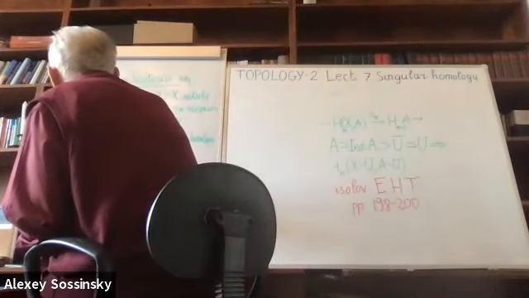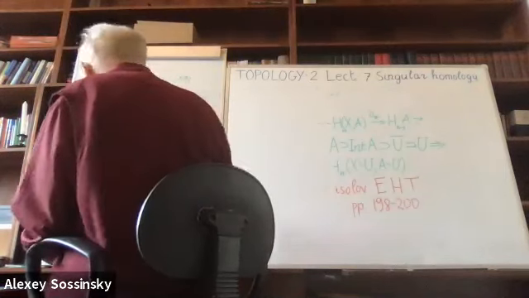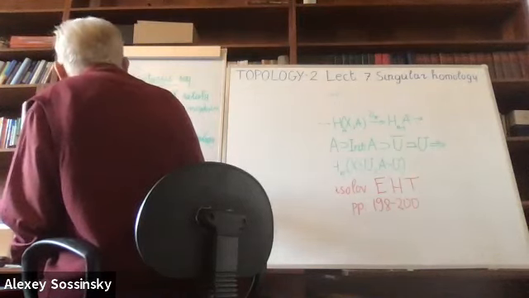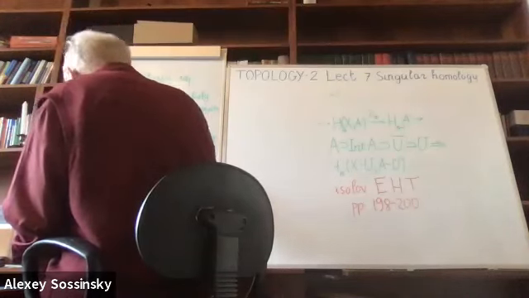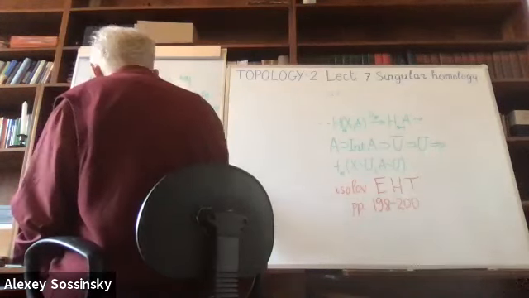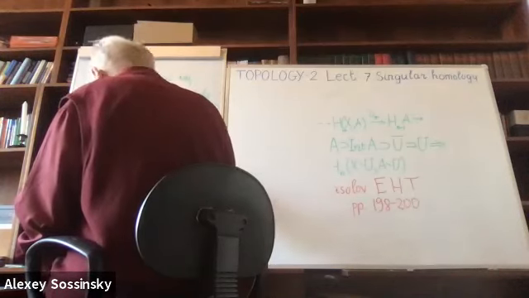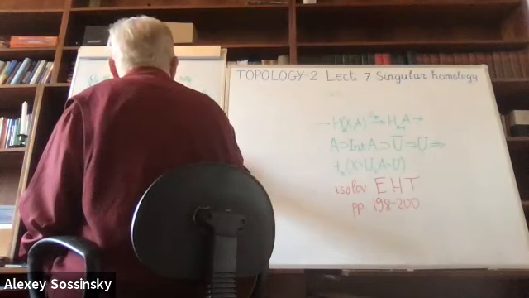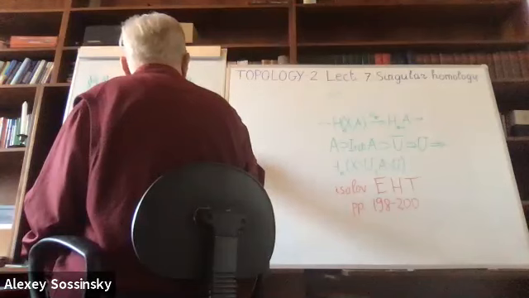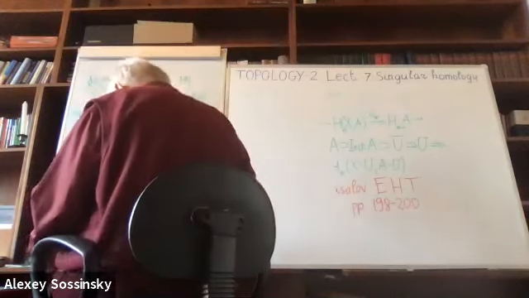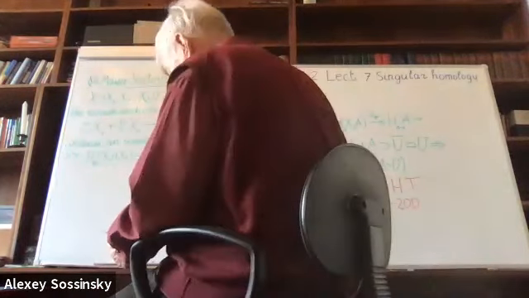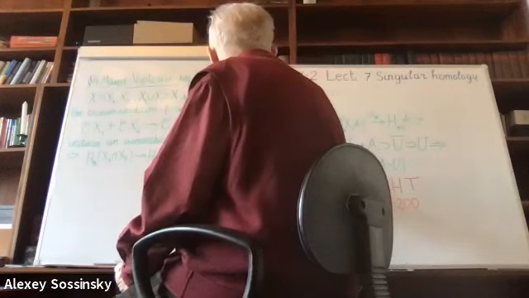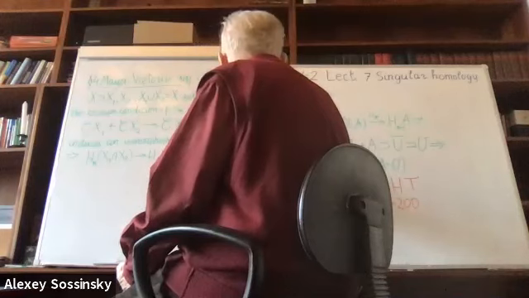Then the following sequence: H_n of X1 intersected with X2, which is naturally mapped to H_n of X1 plus H_n of X2, then this is mapped to H_n of X, and then this is the interesting part.